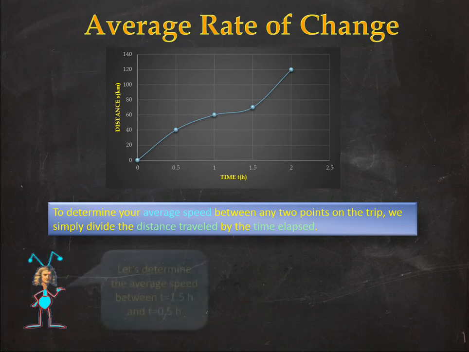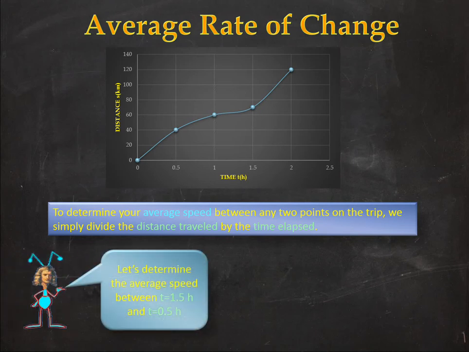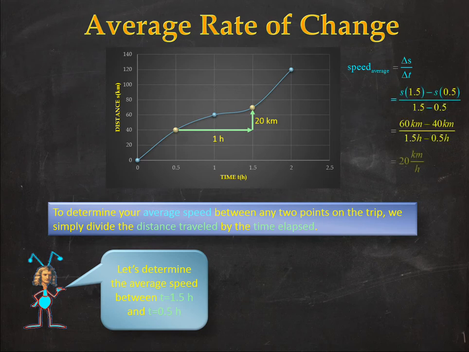So, for example, if I'm going to be talking about what t equals to half an hour and the other t is an hour and a half, I can take those 2 points and simply calculate the change in time, which is 1 hour, and then the change in position, which is 20 kilometers, and therefore my average speed, which is change in position over change in time, which is rise over run, which simply is 20 kilometers. So I got 60 minus 40 over 1.5 hours minus half an hour.